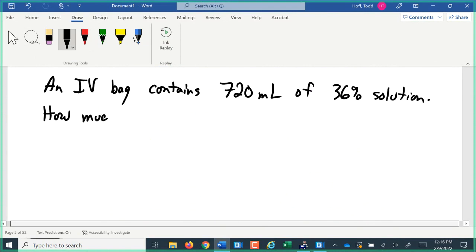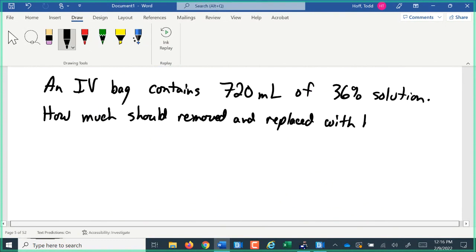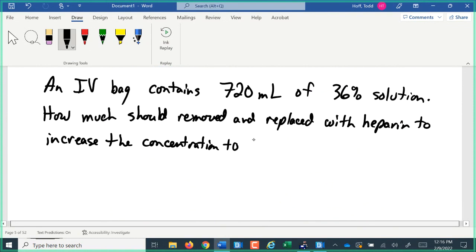How much should be removed and replaced with heparin to increase the concentration to 52%? So we currently have this IV bag that's a full bag, 720 milliliters at 36%.